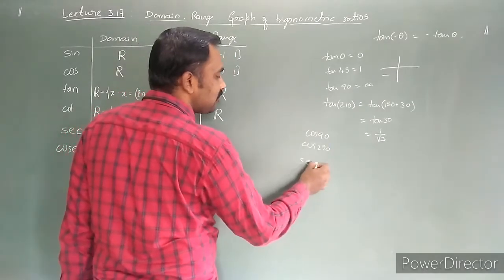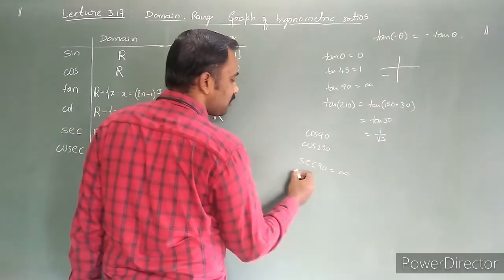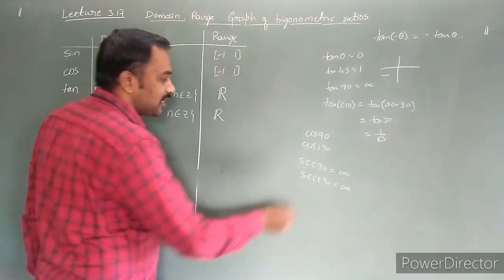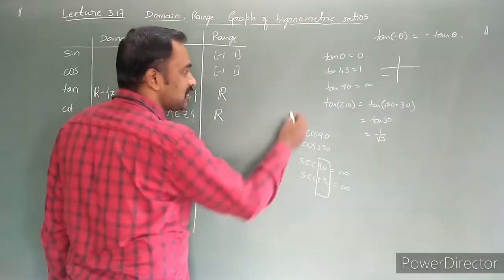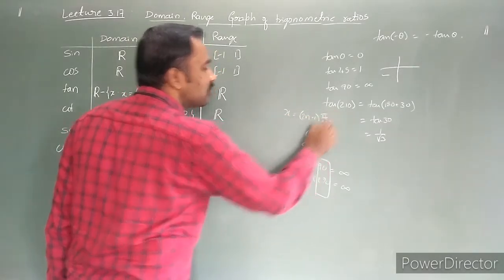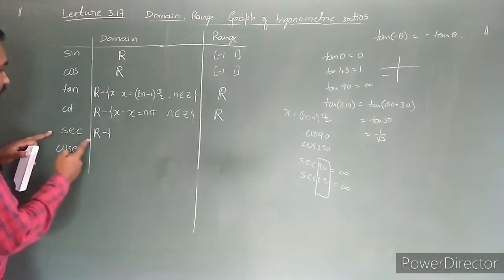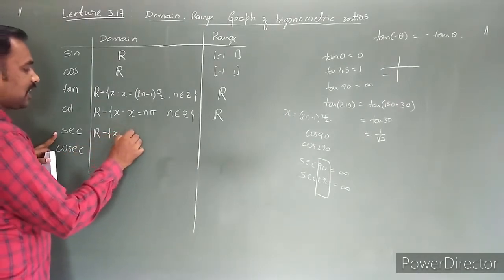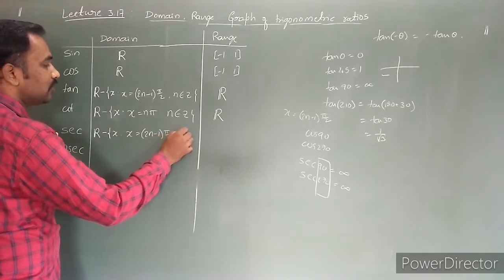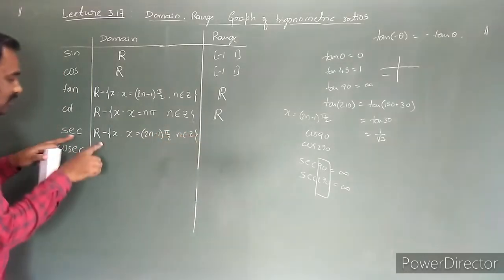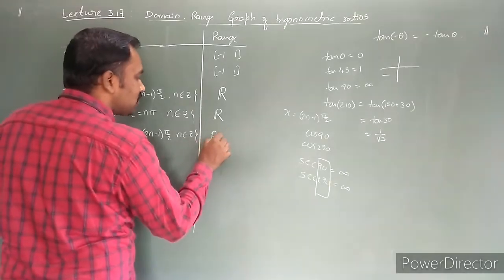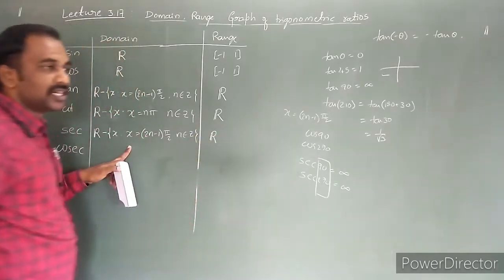Similarly, sec of 90 is not defined. Sec of 270 is not defined. 90, 270, what are these? These are odd multiples of pi by 2. Sec x such that x is not equal to odd number into pi by 2, where n is any integer.